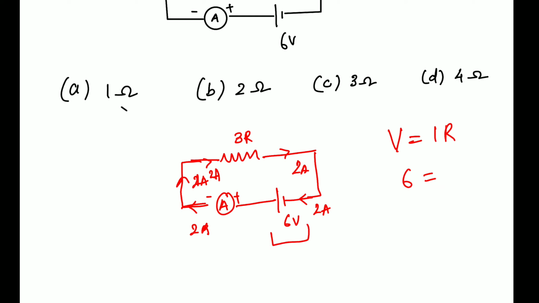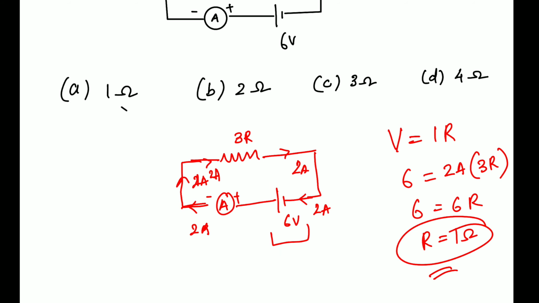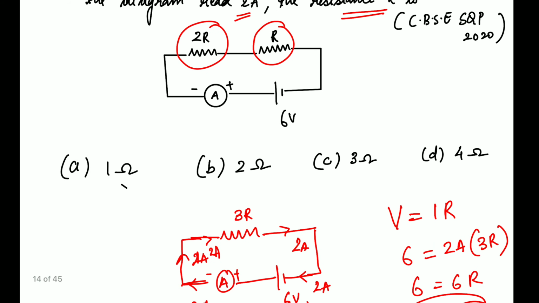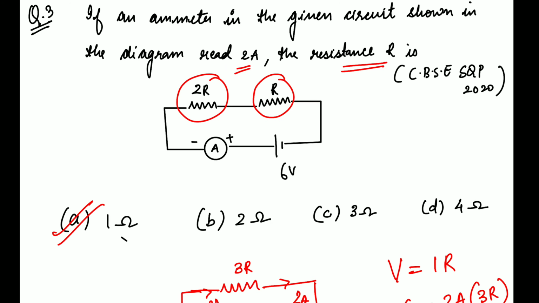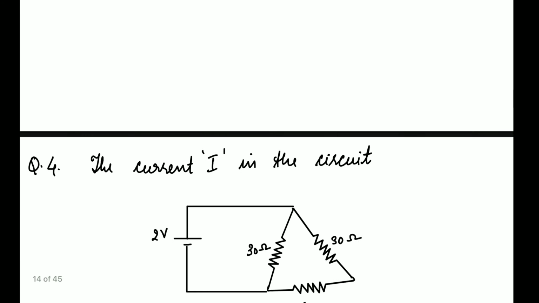I is also given to us, that is 2 ampere, and the value of resistance is 3 times R. So from here I will get 6 equals 6 times R, or you will get R equals 1 ohm. I hope you guys can understand. So the value of R is actually 1 ohm, which is there in our option. I hope that is understandable. Let's move to our next question.